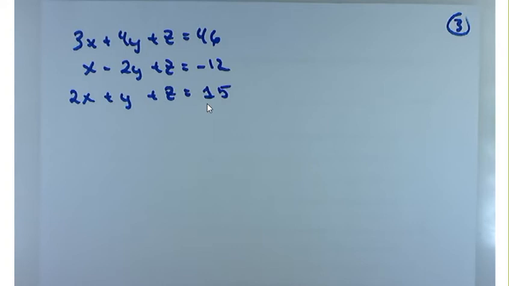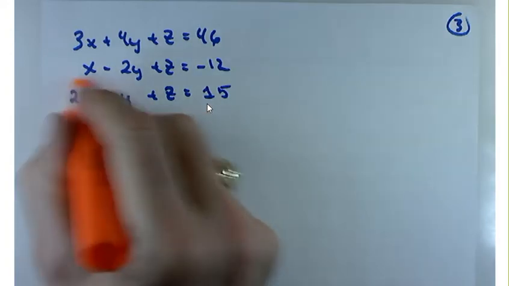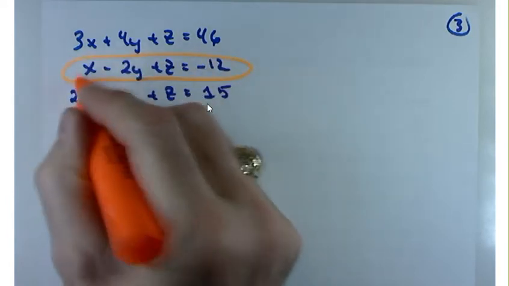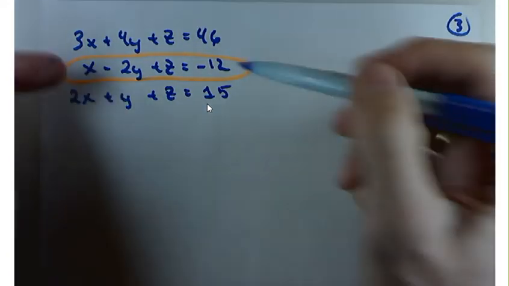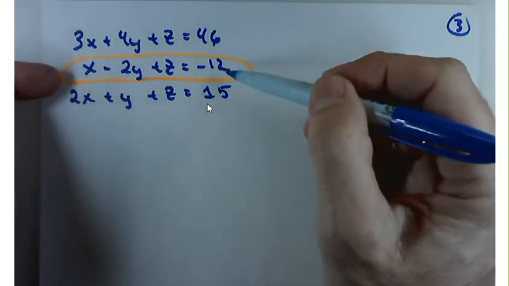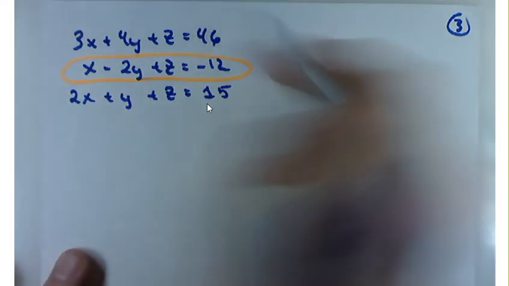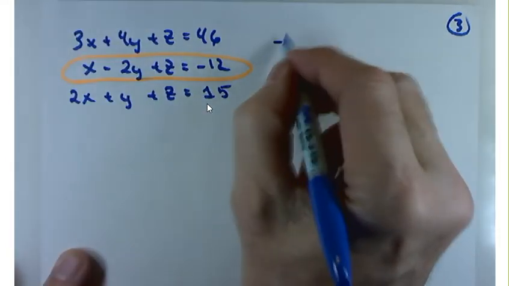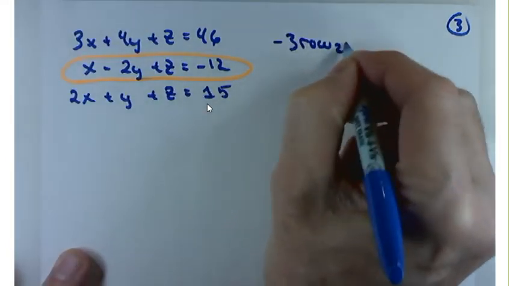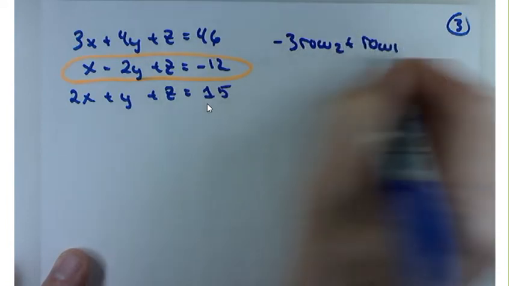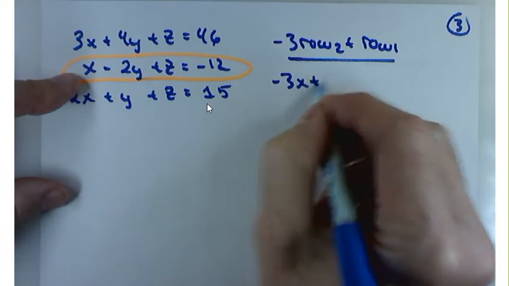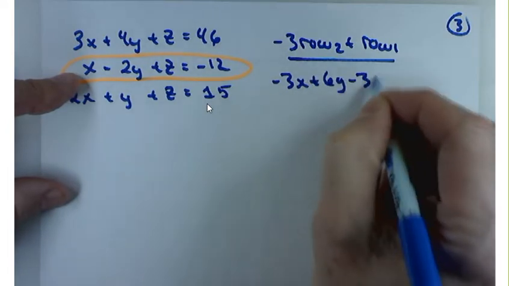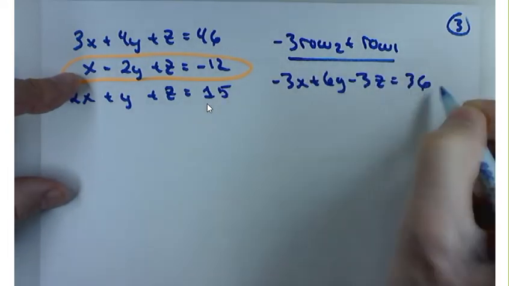All right. Well, I'm going to just pick the second equation and eliminate the x's from the other two equations. So to do that, I'm going to first multiply this equation by negative 3 and add it to this equation. So negative 3 times row 2 added to row 1 will give me negative 3x plus 6y minus 3z equals 36.